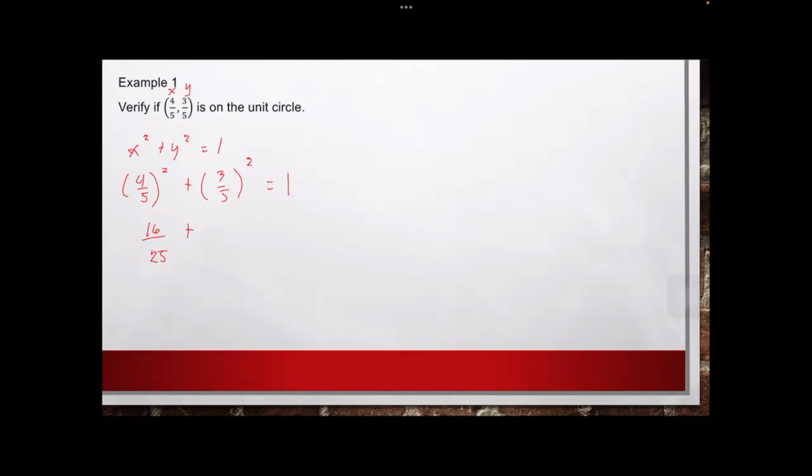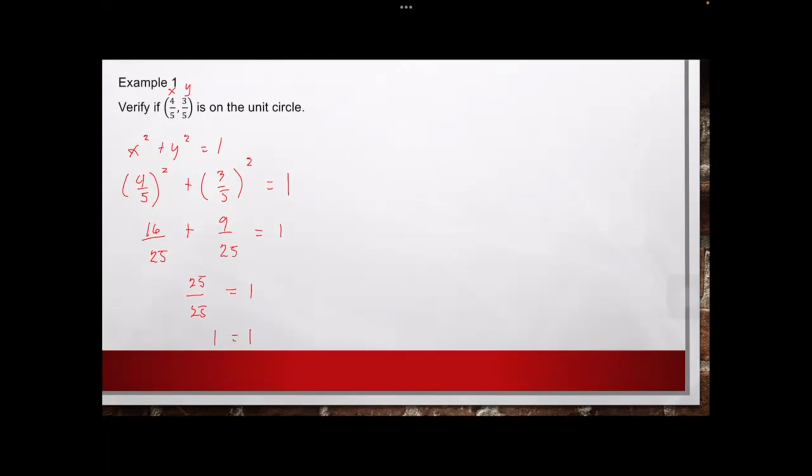Plus 3 over 5 squared, this will be 9 over 25, is equal to 1. Since they have the same denominator, we combine: 16 plus 9 over 25 is equal to 1. Simplify: 25 over 25 is 1, so 1 is equal to 1.